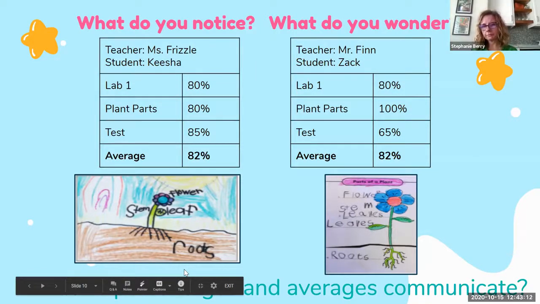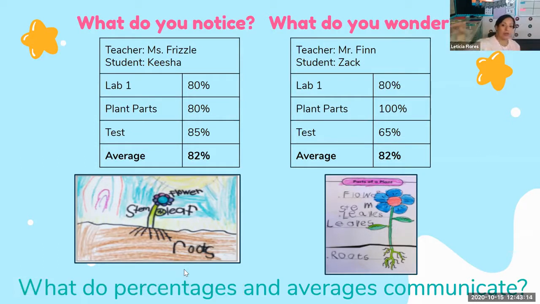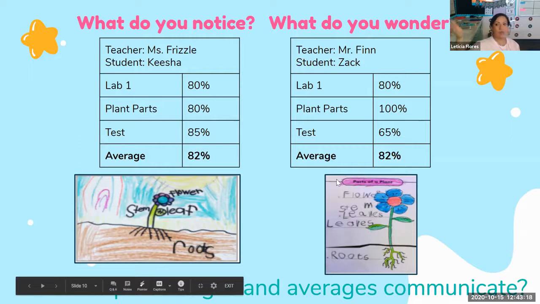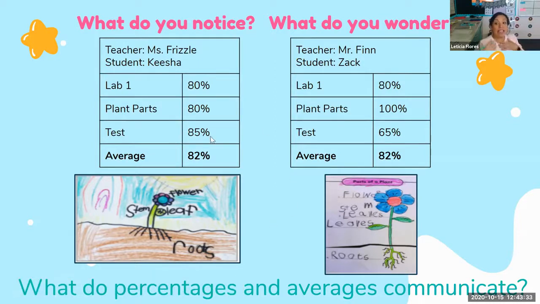So her DOK level is deeper than Zach's, because Zach is a DOK 1, which is just memory. Whereas with Keisha, it's a deeper DOK because she really had to understand the plant parts to be able to draw it out. So it's more than just memory and regurgitation. So different DOK, at least I see it that way.